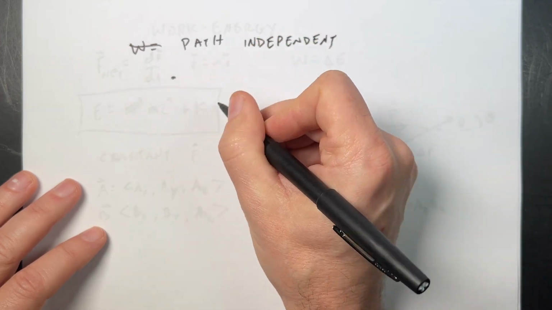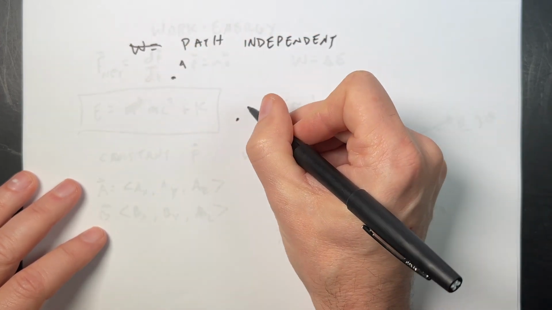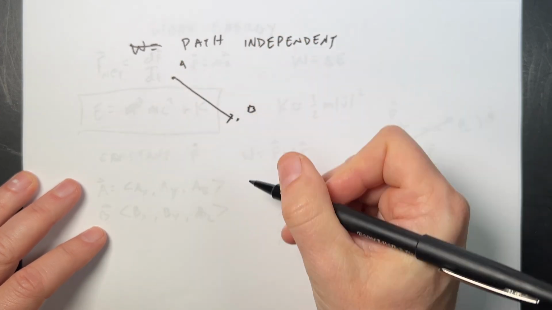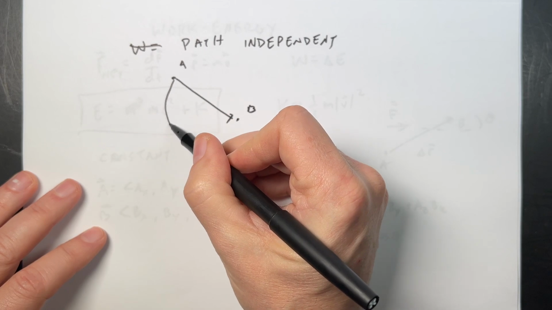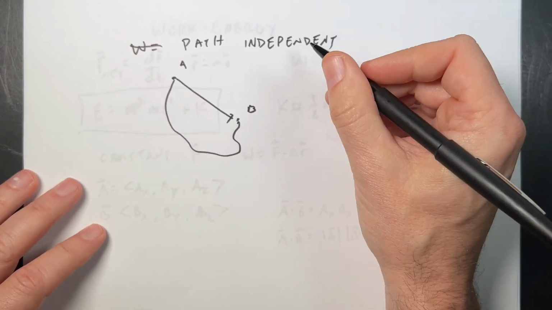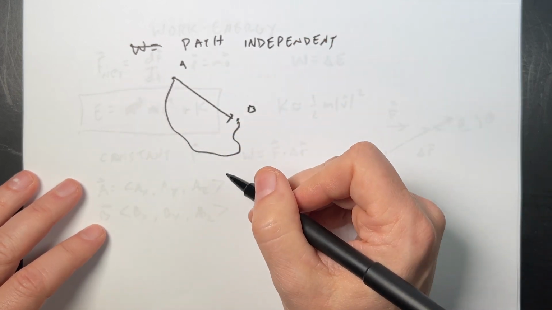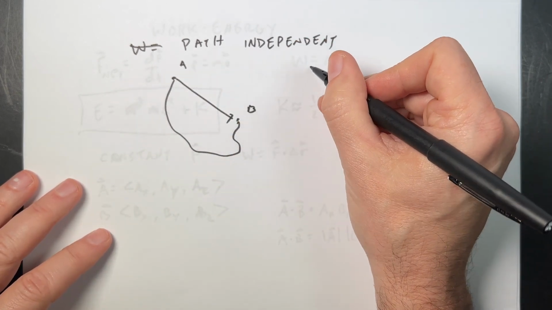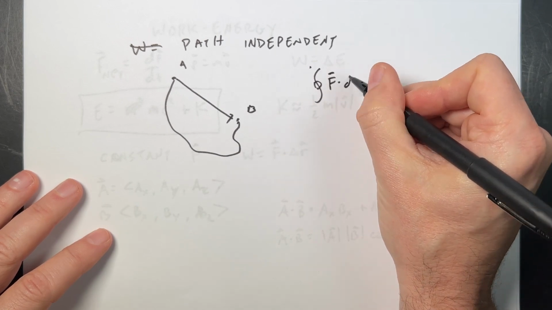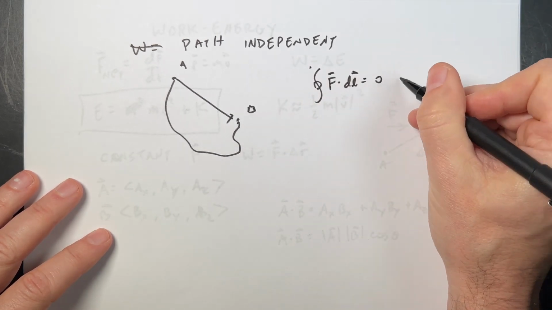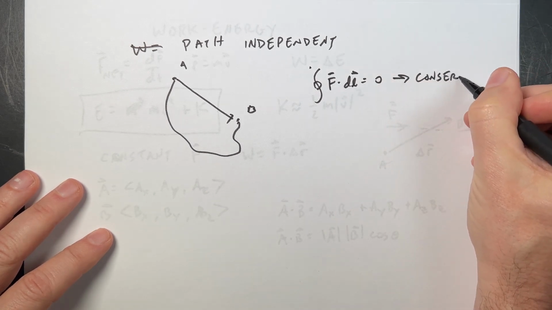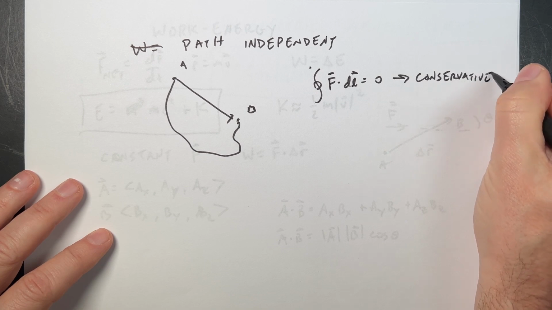Suppose I go from A to B along this path, and I calculate the work. And then I go along this path, and I get the same work. That would mean the work along a closed path is 0. So if the work along a closed path, which I'll write as the integral of F dot dl, is equal to 0, then this is what's called a conservative force.